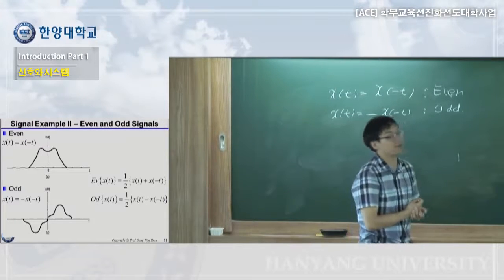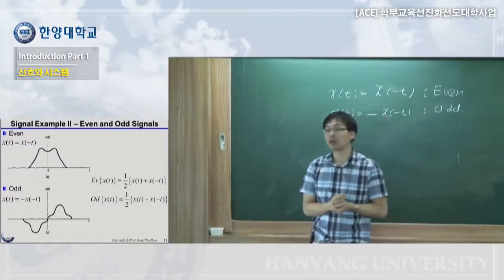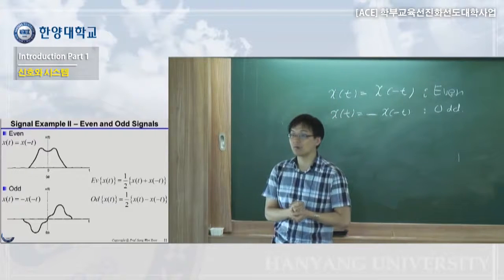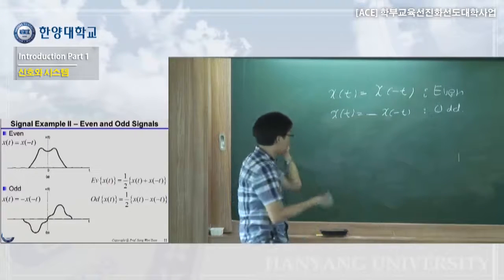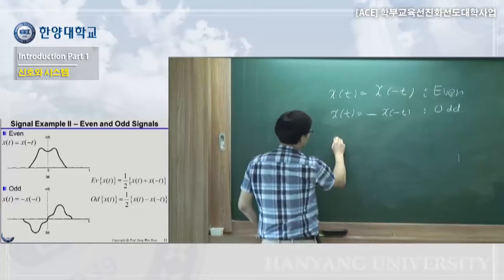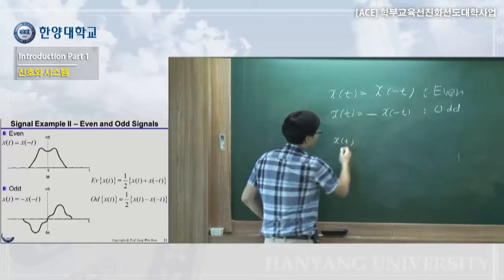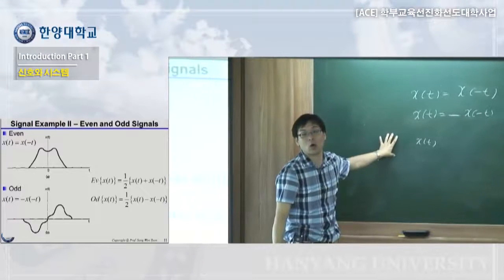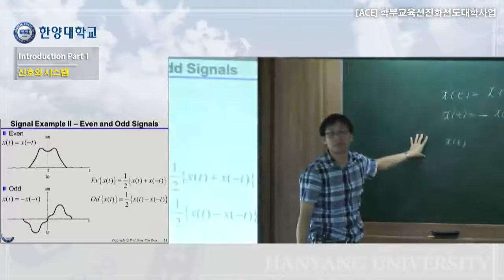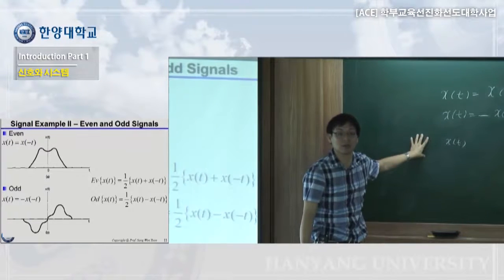If we have any arbitrary function, say x(t), and we don't know whether it is an even or odd function, how can we find out its even part and odd part?